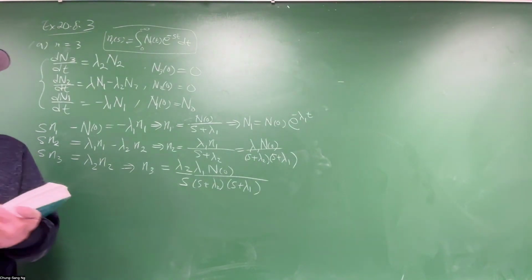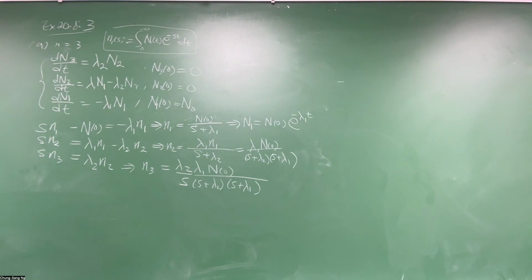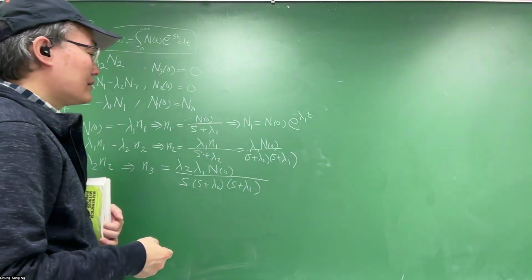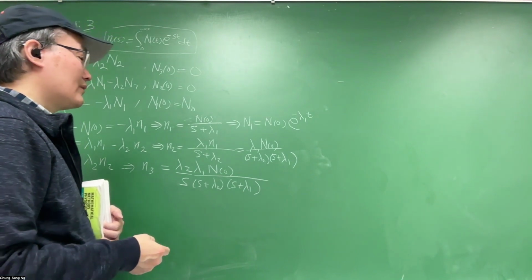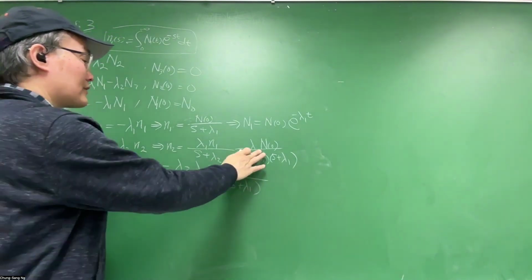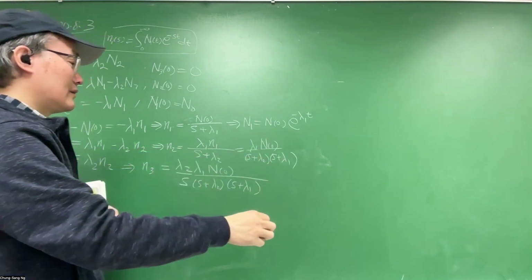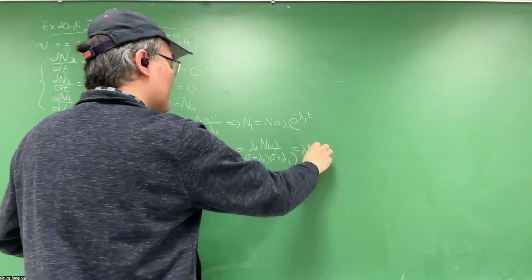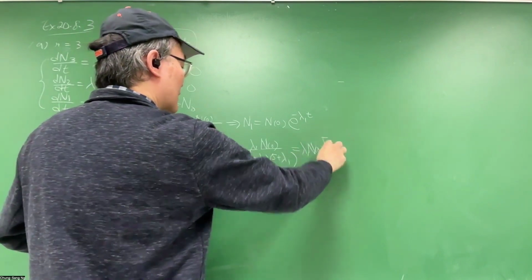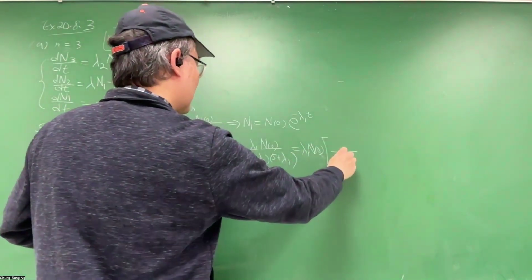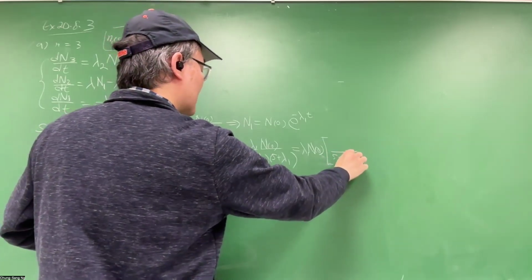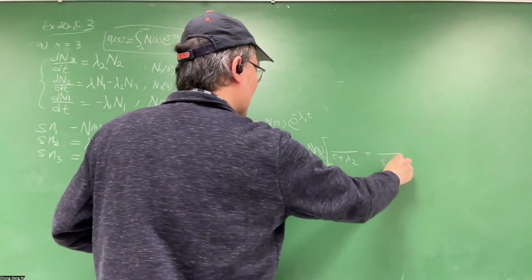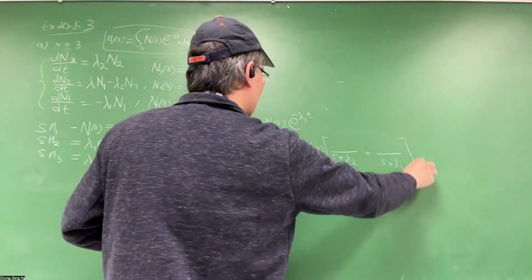All right, and now the second one is slightly more complicated. And I suppose we could do it by partial fraction, right? Hopefully that can be done. So, the constant and unknown coefficient divided by s plus lambda 2 plus another term divided by s plus lambda 1.